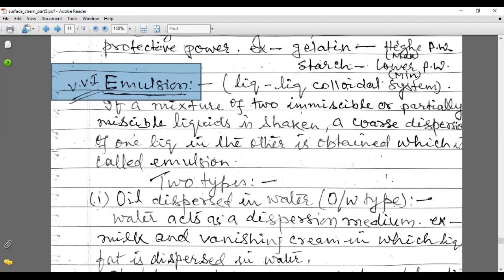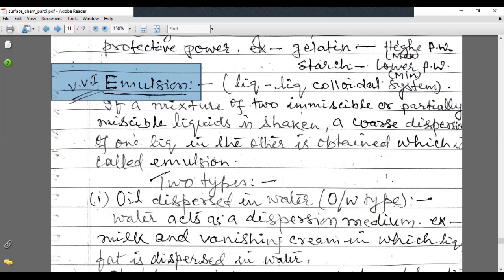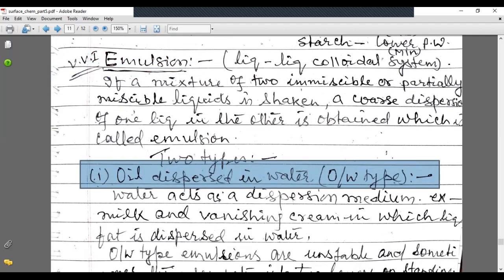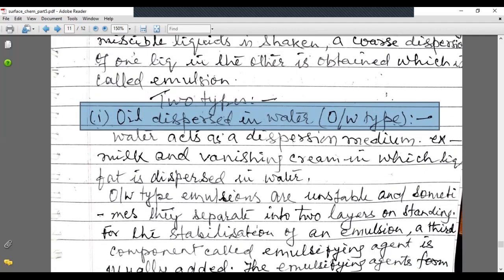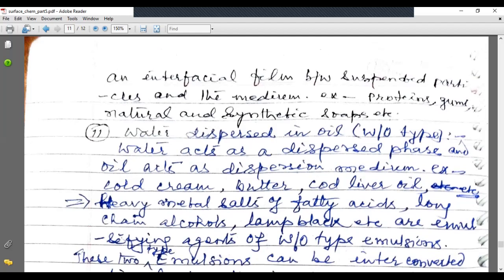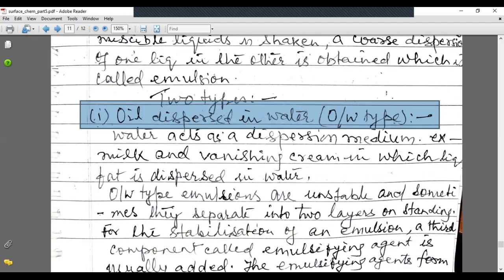It is of two types. Number one, oil dispersed in water, that is OW type, where water acts as the dispersion medium. Examples are milk and vanishing cream, in which liquid fat is dispersed in water. The examples are very important because they are usually asked in the examination for a 1 mark question.